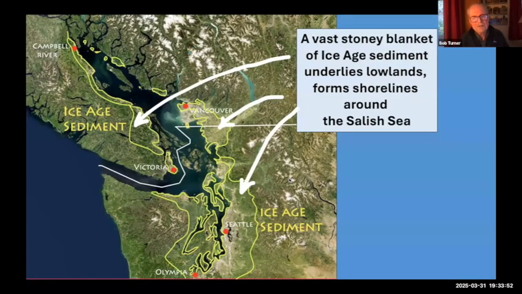And here's a quick look at a map, and you can see that the yellow outlines these ice age sediment areas. It's a huge area around Puget Sound. There are also extensive sediments like this from Victoria up the Saanich Peninsula, all the way along the eastern Vancouver Island. And then over on the Sunshine Coast, some of the little islands like Savary are all sand islands.